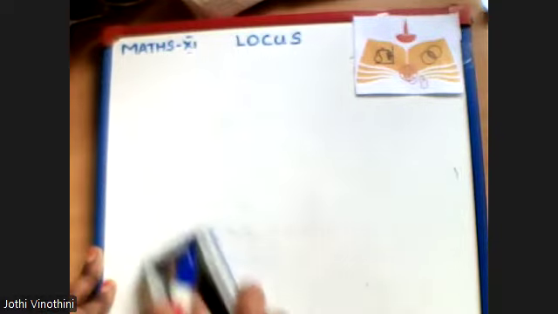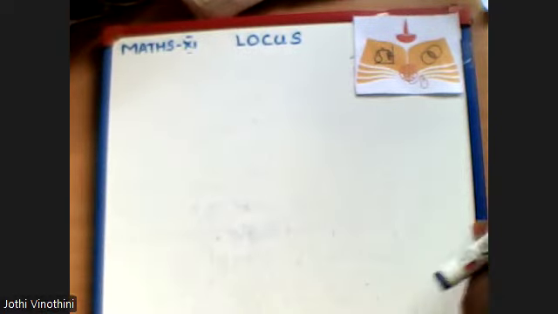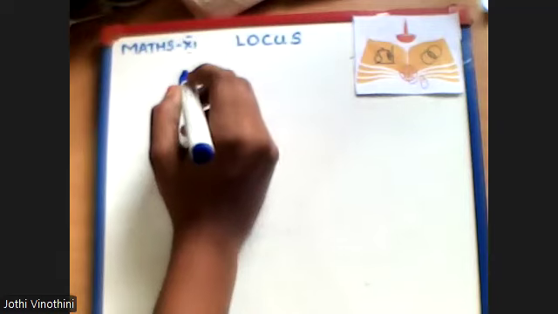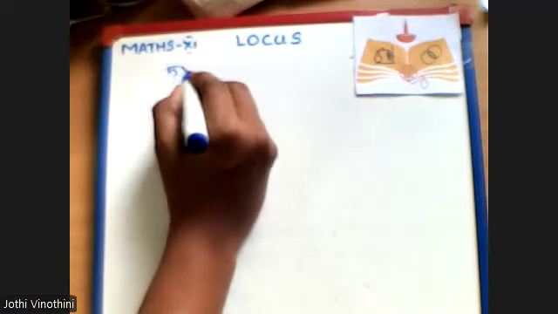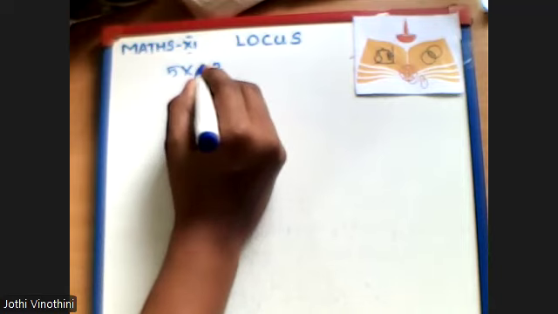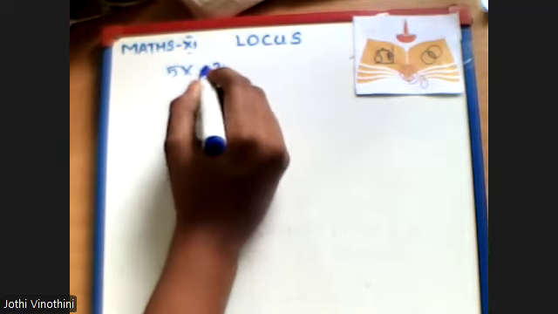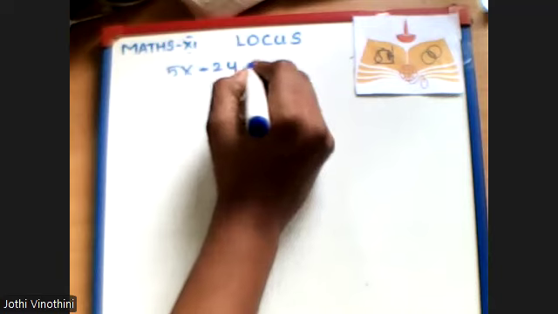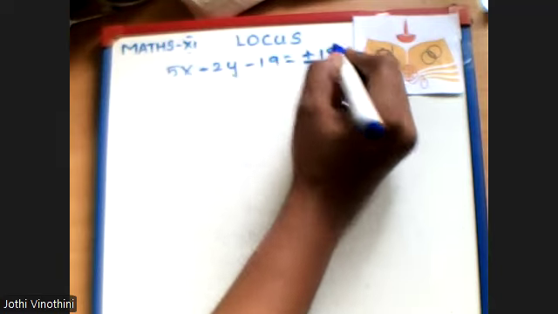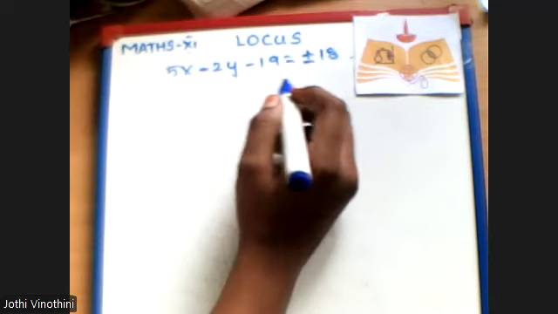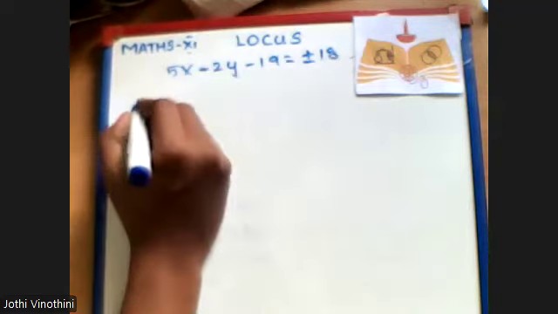Okay. I hope many of you can get the answer by now. So what we have is 5x minus 2y minus 19, which equals plus or minus 18. Like the previous one, we are going to separate this into two equations.